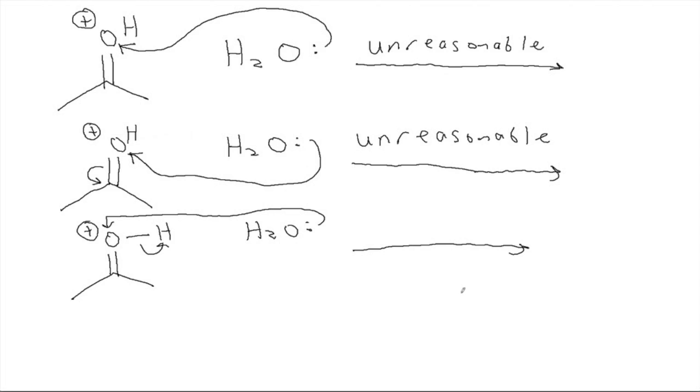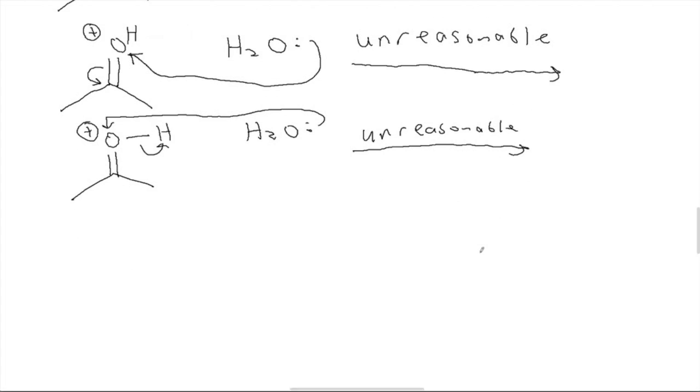No, it would not be reasonable because the oxygen with the positive charge is in the middle of the chain of arrows. I believe the only way to make that reasonable is to have that chain of arrows end on the positively charged oxygen.